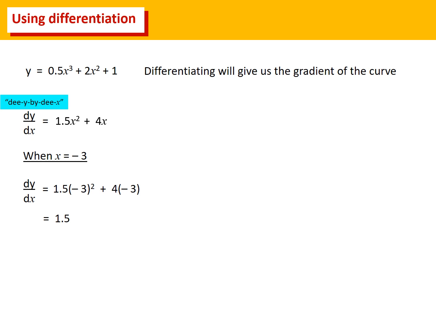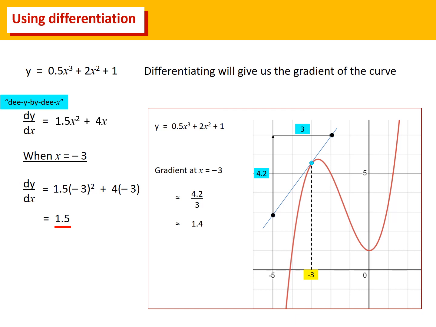And that works out at 1.5. Now you may remember from the previous slide that our estimate for the gradient was 1.4, so it wasn't a bad estimate. 1.4 was the estimate, but 1.5 is the actual precise gradient of the curve where x is -3.